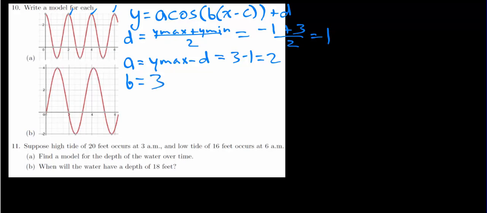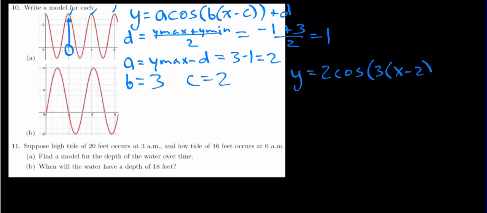So B is going to be 3. And then C is going to equal where a max occurs. It looks like a max occurs here at 2. So there's my model: y equals 2 cosine 3 times (x minus 2) plus 1.